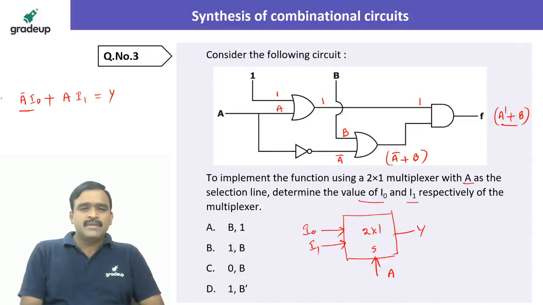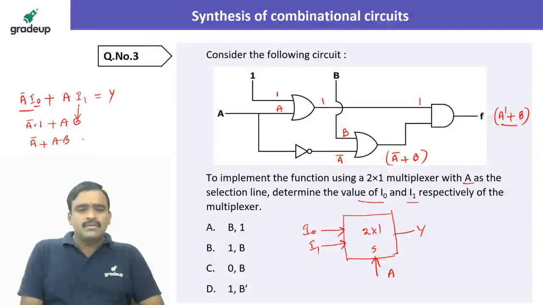A bar plus B means we are supposed to take I0 as 1, because I am getting A bar dot 1 plus AB. Let us suppose the B value, I am taking I1 value as B. Now A bar dot 1 is A bar only, plus AB.